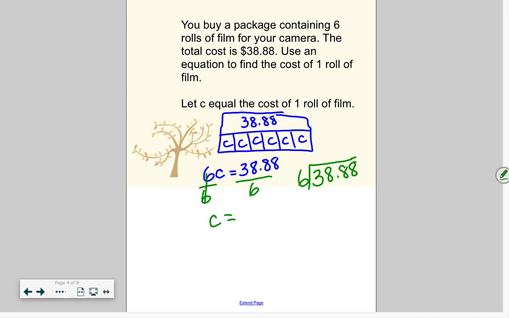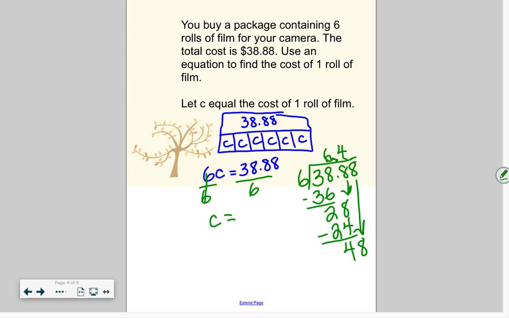How many times does 6 go into 38? 6. 6 times 6 is 36. Remainder of 2. I need to remember to put my decimal point in my answer right now. Bring down my 8. 6 goes into 28 how many times? 4. 6 times 4 is 24. Remainder of 4.